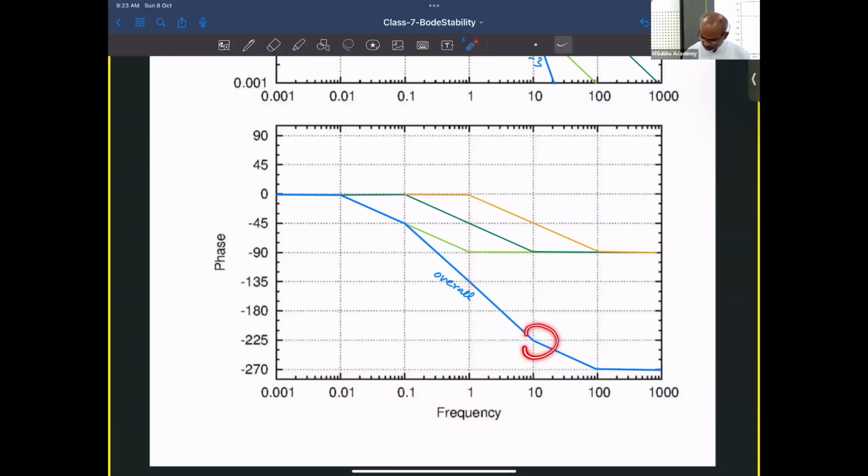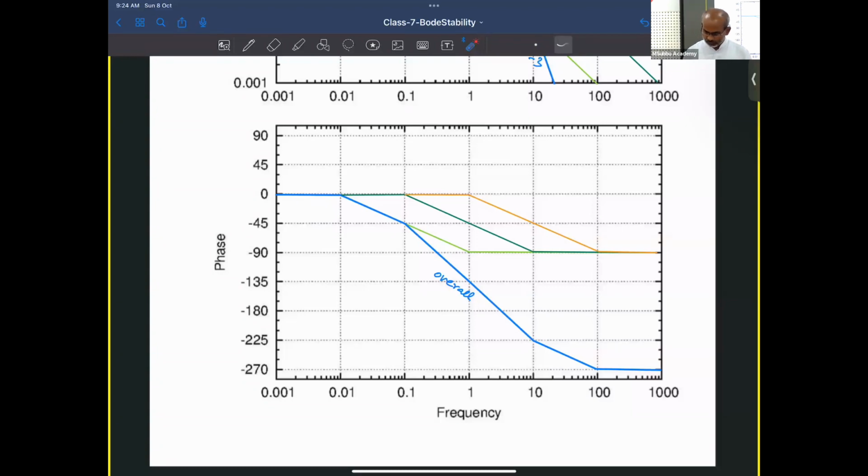And for 10, this is minus 45, minus 90, and there is one more minus 90. This darker green and light green are all having minus 90, minus 90. So 180, and 45, that is 225, that point.